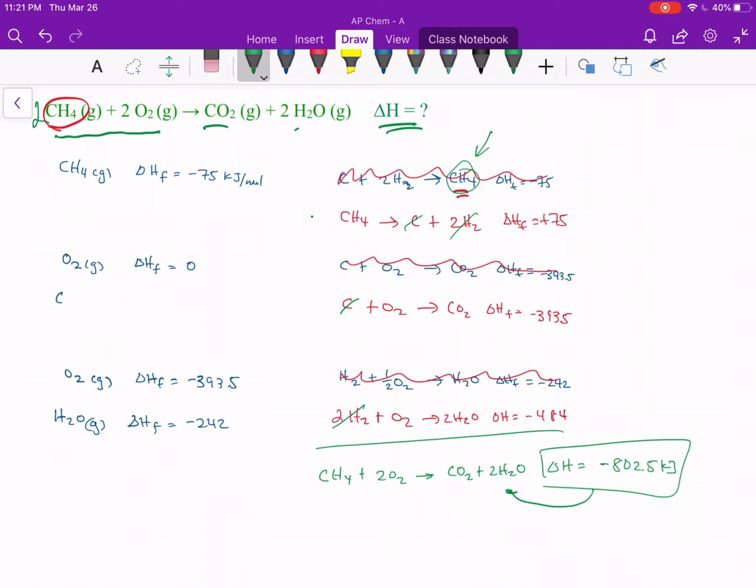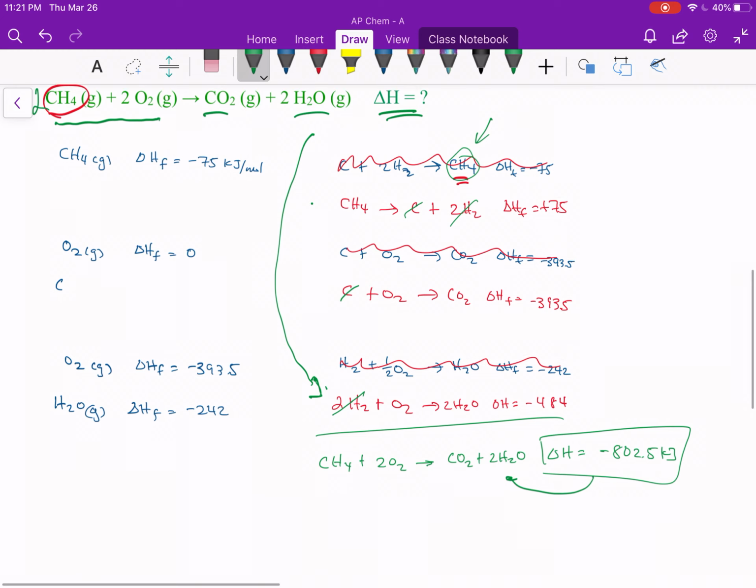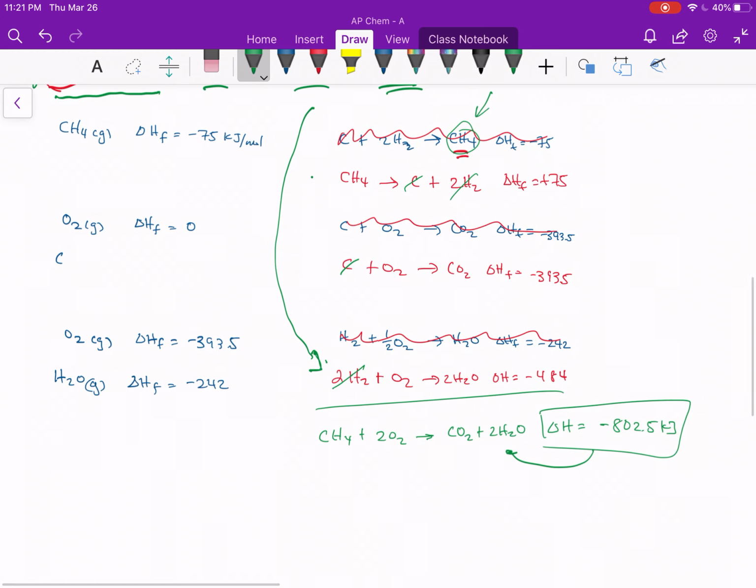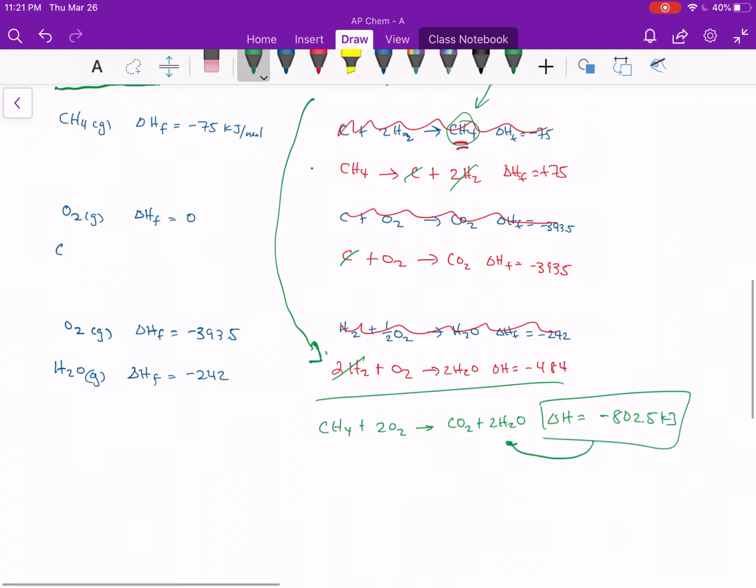If the products are there, then we're not going to flip that reaction, but we will have to, like we did with the H2O, multiply it by 2. And so really we don't have to take the steps of writing these out, because we always know that we're going to have to flip the reactions involving our reactants, and we keep the products the same because they're formation reactions.